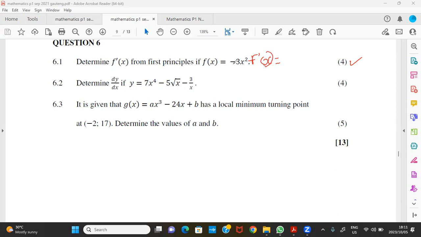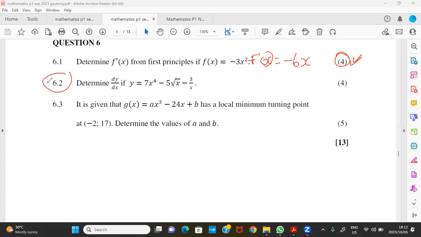So f of x is equal to minus 3x squared. That's going to be f prime x is equal to minus 6x. Then when you use your first principles, you must end up with f prime x is equal to minus 6x. Then you grab your 4 marks.